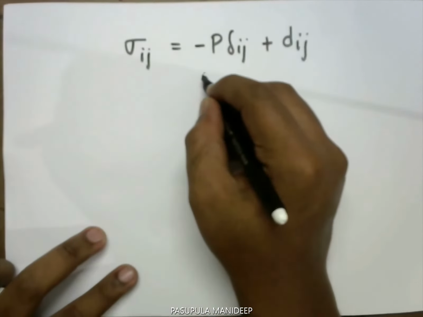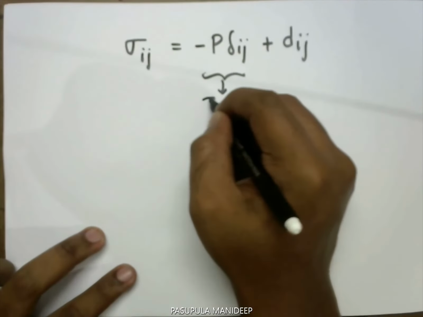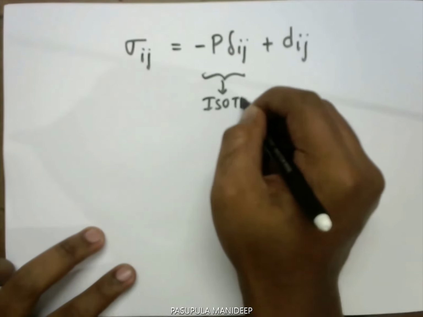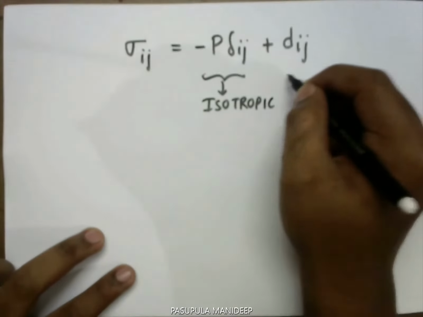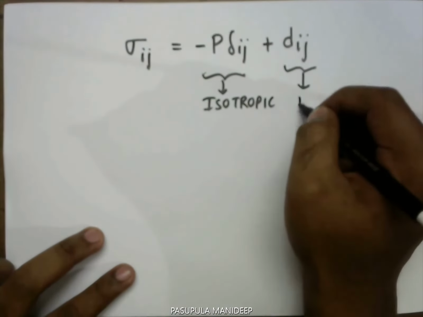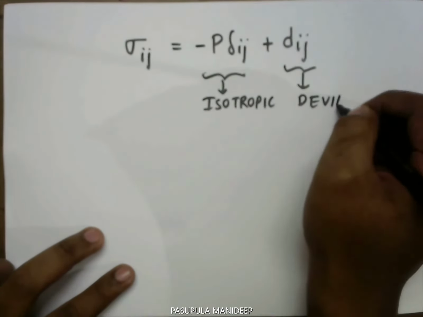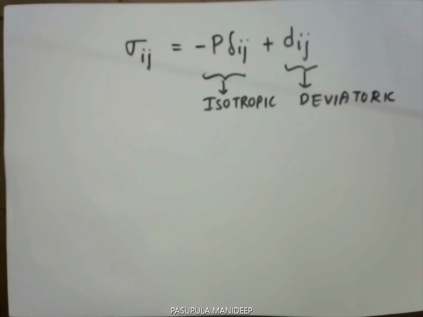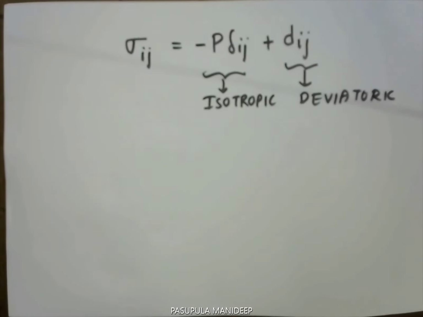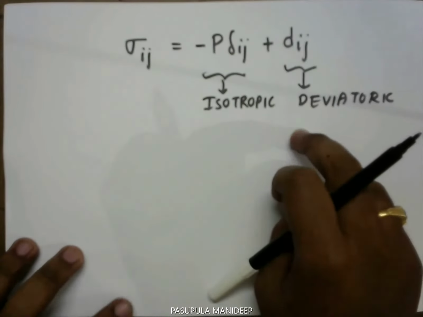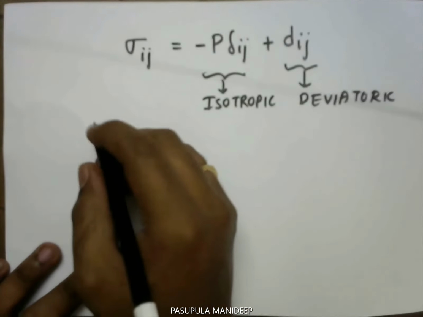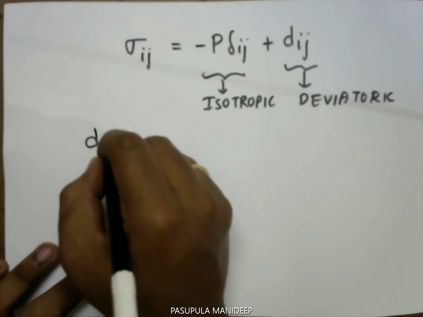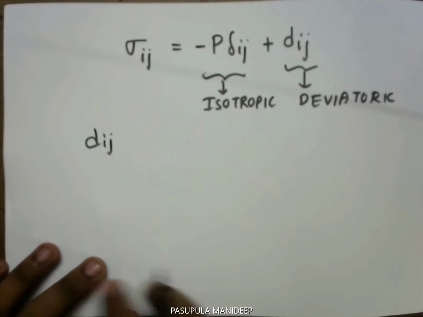Now this is the isotropic part, and this is the deviatoric part.